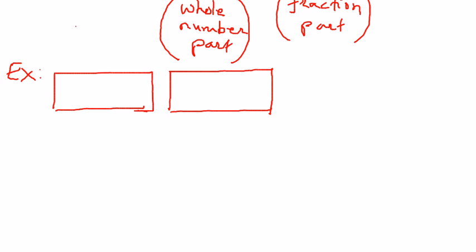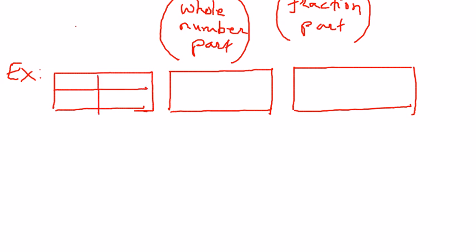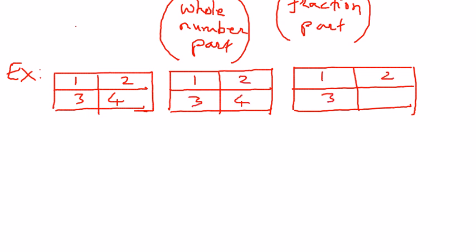And this is the third rectangle. And I'm going to divide these rectangles into 4 parts like that. This is part 1, 2, 3, and 4 for the first rectangle. Part 1, 2, 3, and 4 for the second rectangle. Part 1, 2, 3, and 4 for the third rectangle.